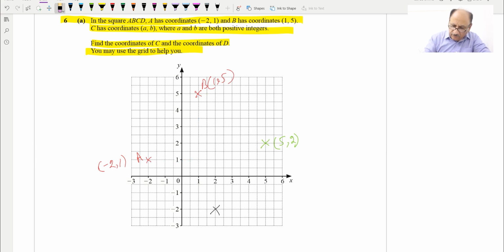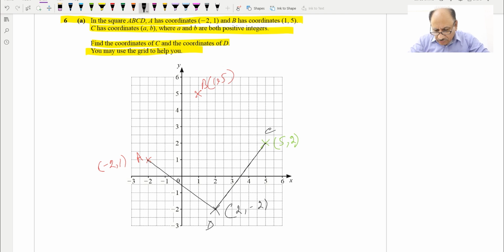Let us check the coordinates for this point. This is C, this one is D. So D coordinates are 2 and -2, and if we draw the square, it will be like this one, and hopefully it will be a square. And you can see this one is a square, which is making an angle of 90 degrees also.